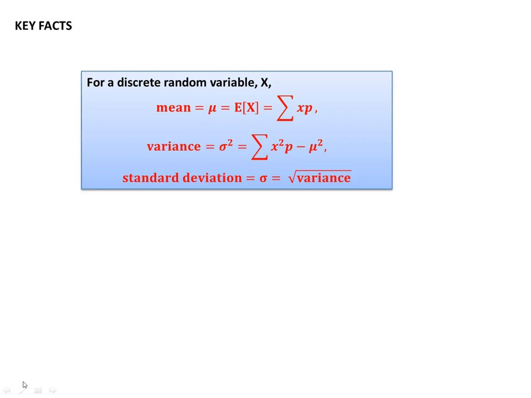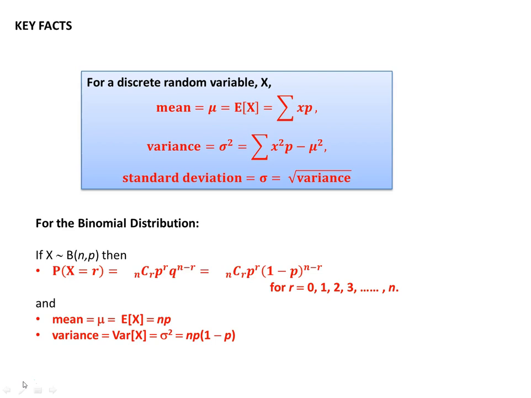The variance is the sum of all of the squares of the values that the random variable can take times the corresponding probabilities, and once we've worked out that sum, we then subtract the mean squared. The standard deviation is simply the square root of the variance, or to put it a different way, the variance is the standard deviation squared.